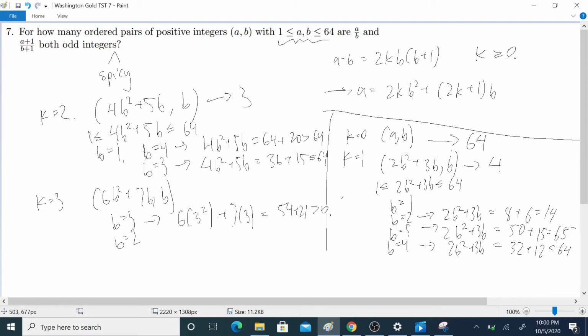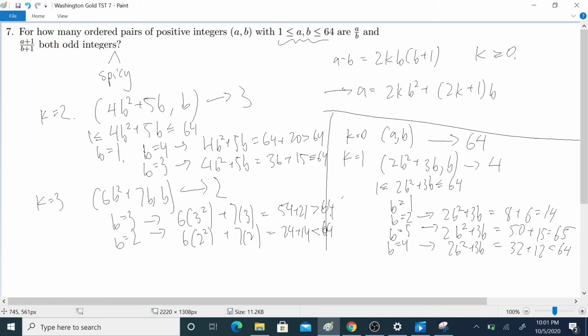But b equals 2 probably works. 6 times 2 squared plus 7 times 2 is 24 plus 14, which is small enough. So k equals 3 has 2 solutions.